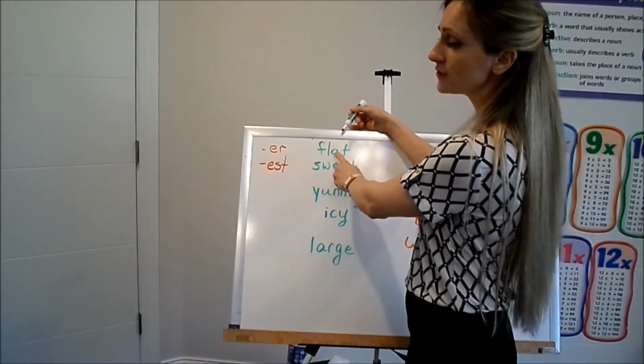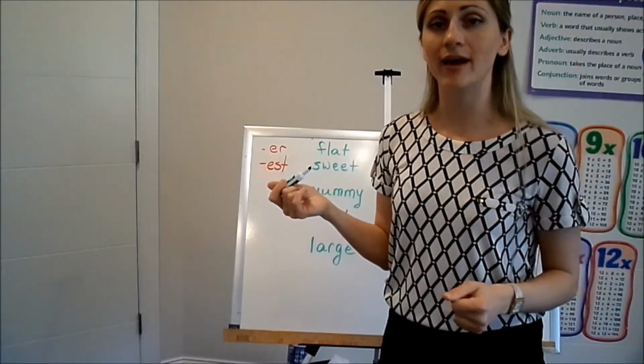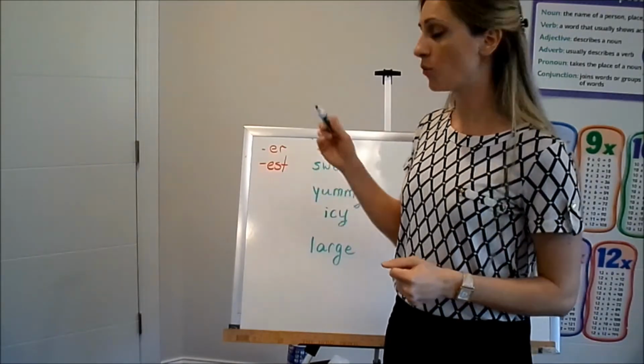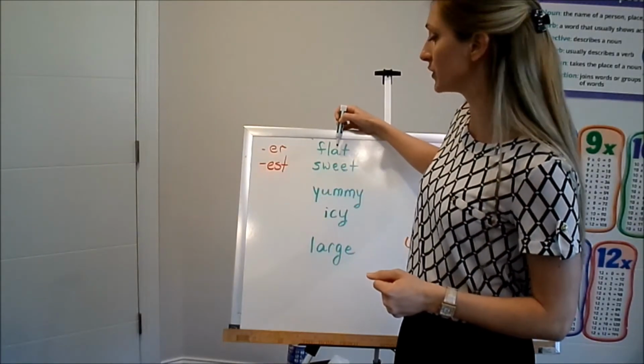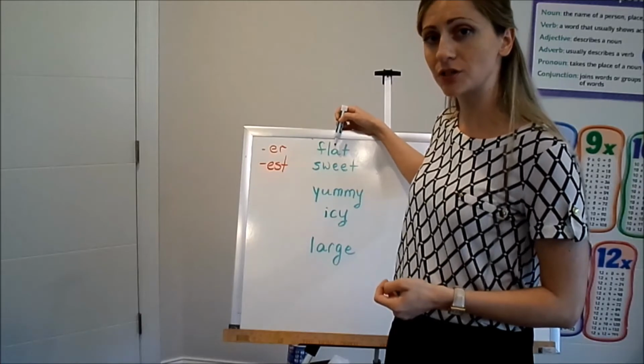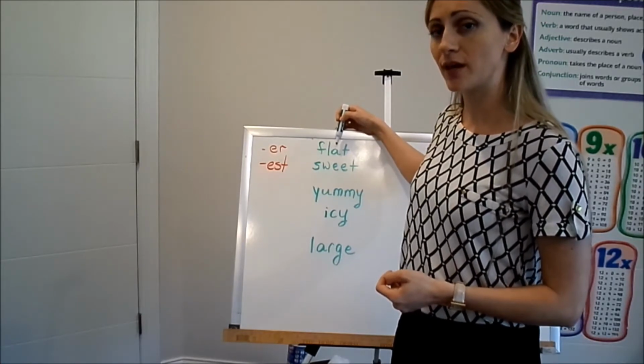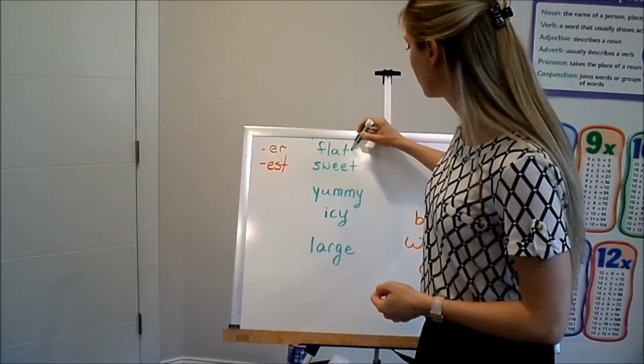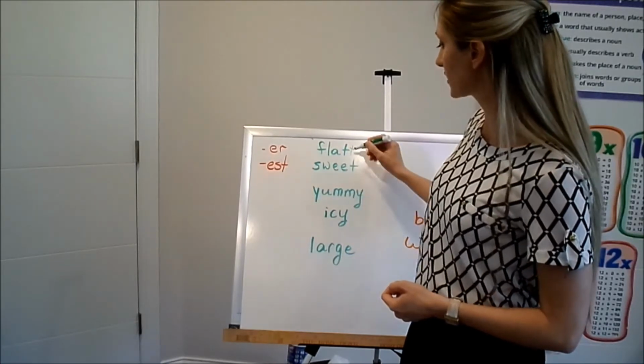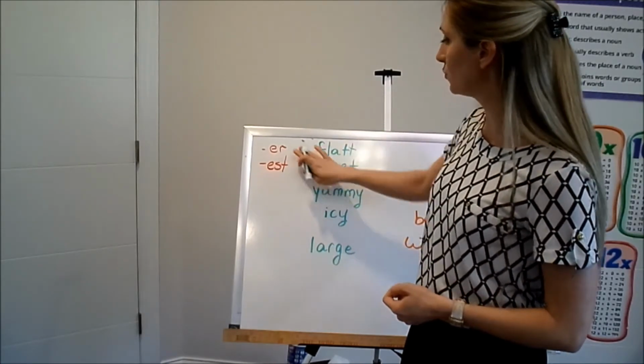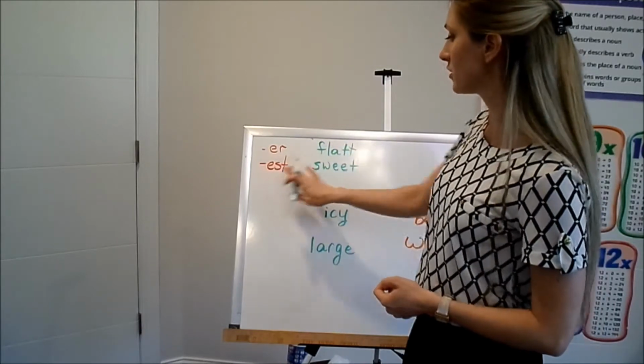Before that, there's a vowel that makes a short sound, a. If a word ends with a consonant preceded by a short vowel sound, that's when you double the last consonant. And then you add your suffix, flatter or flattest.